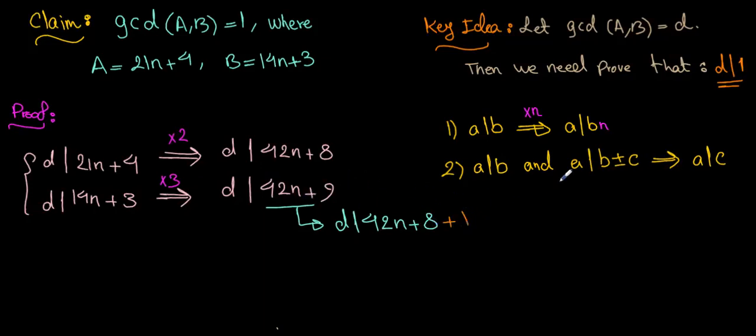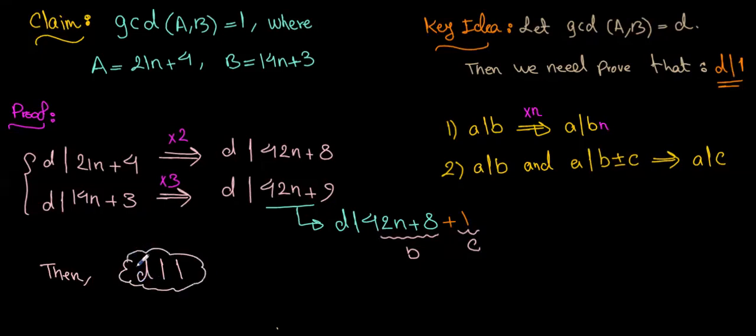This guy is b, this guy is c, and d is a. So based on property 2, I can claim that d divides 1.